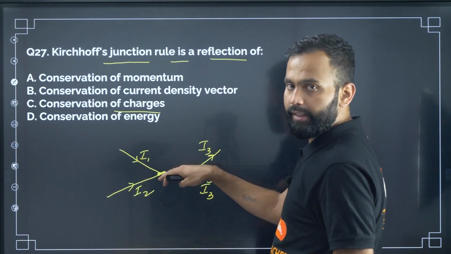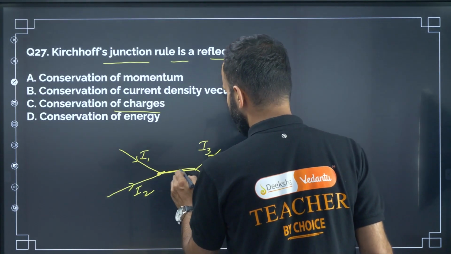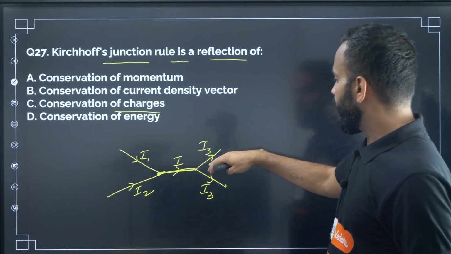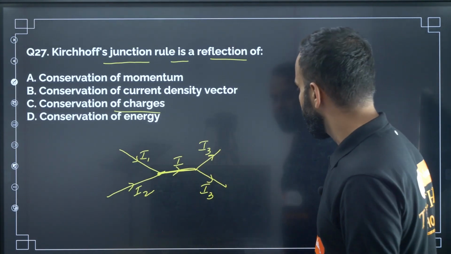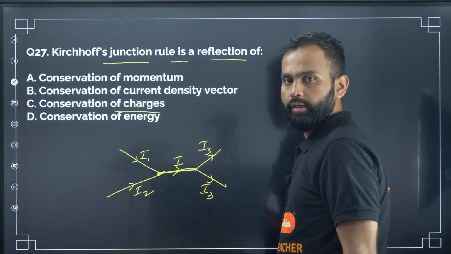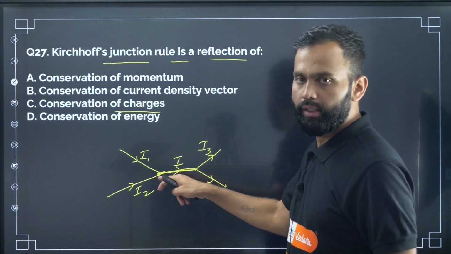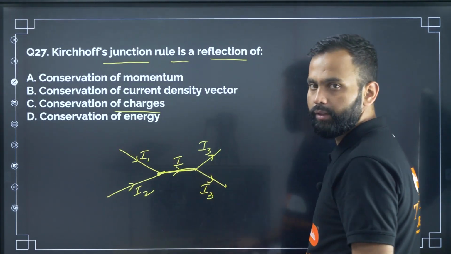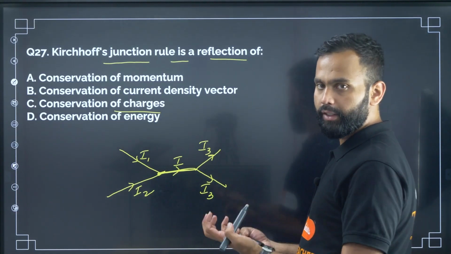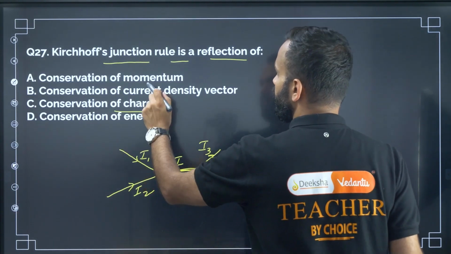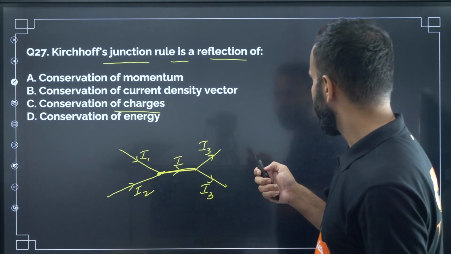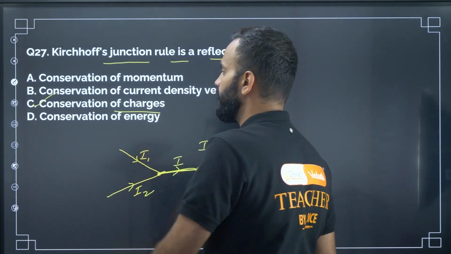The sum of current entering into this junction, so this is the total current I, is equal to the current flowing out of that junction. That is, net current at this junction is equal to 0. So that is the conservation of charge. Current is nothing but rate of flow of charge. So the Kirchhoff junction rule is a reflection of conservation of charges. Next question. Option C is the correct answer.